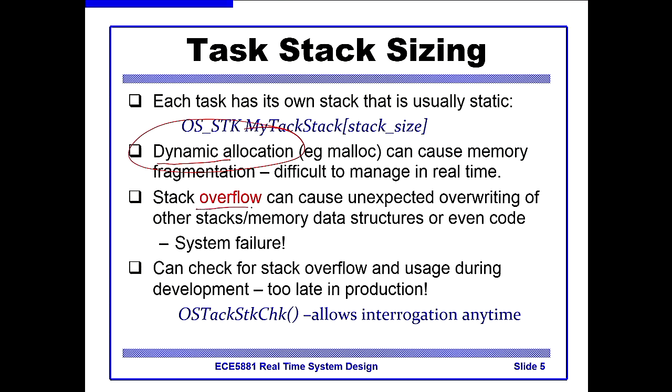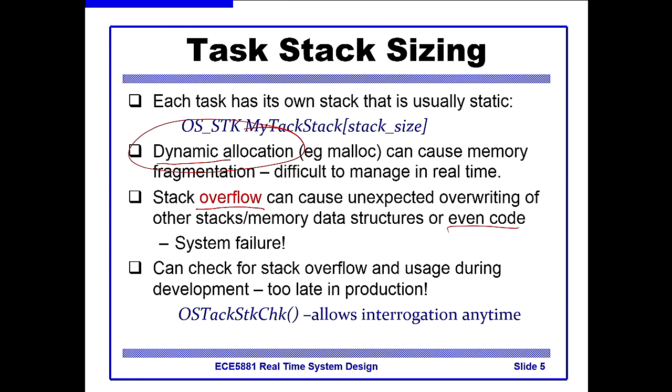Stack overflow would be disastrous because you end up destroying someone else's local variables, for example. So if your stack grows into someone else's, as in another task's stack, then it can destroy information. It can overwrite their variables or even overwrite their code, which means the whole system does weird stuff very quickly.